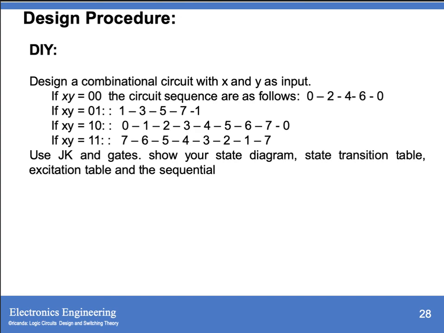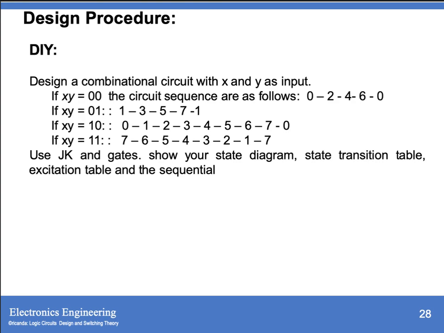If it is 1, 0, you have 0, 1, 2, 3, 4, 5, 6, 7, then back to 0. If it is 1, 1, that is 7, 6, 5, 4, 3, 2, 1, then 7. Then you have to use JK flip-flops. You have to show your state table, state diagram, as well as your excitation table. And you have to draw the circuit.